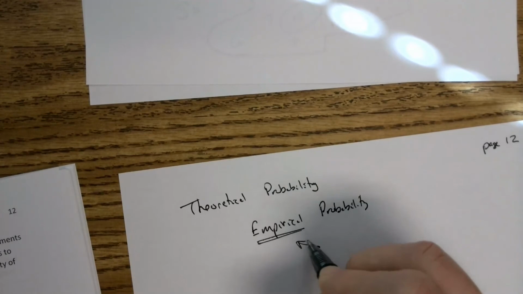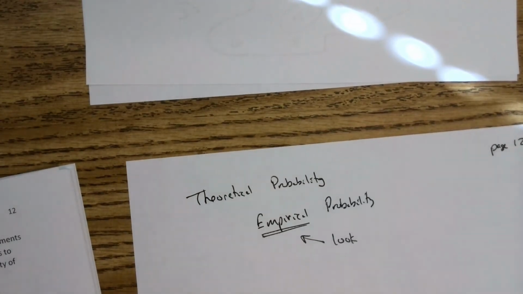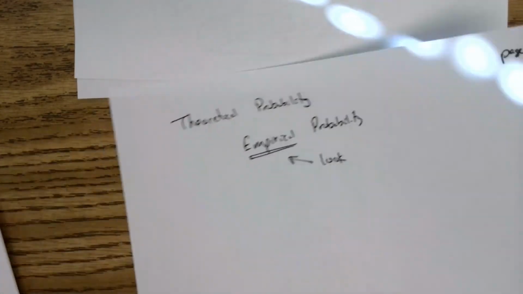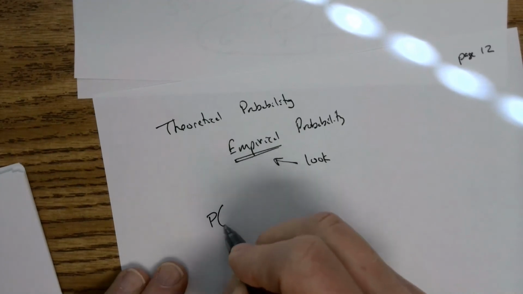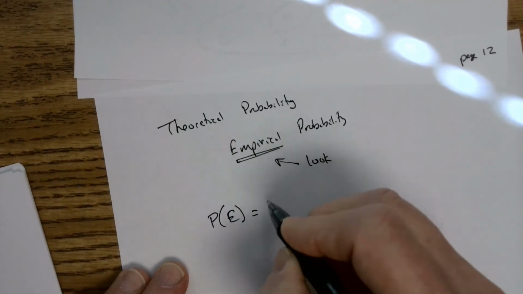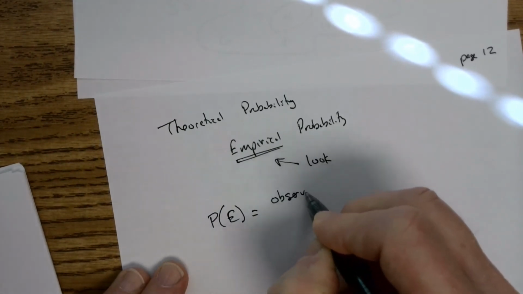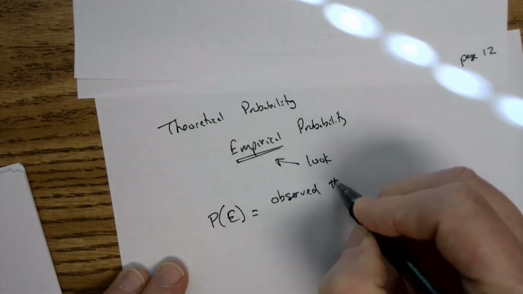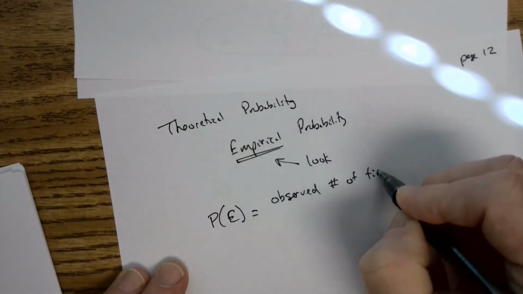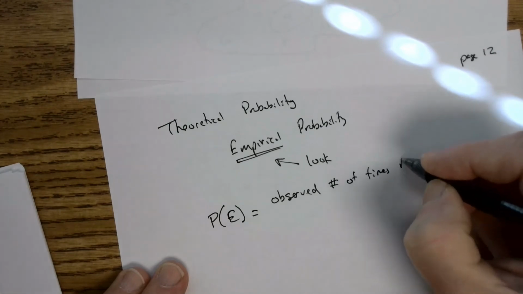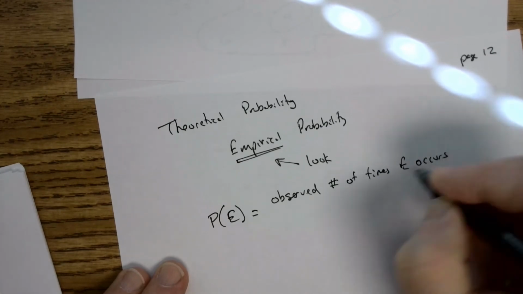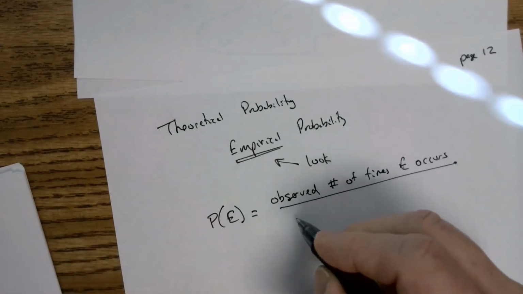We're going to take a look at the data. And so the definition for empirical probability is the observed number of times E occurs divided by total number.